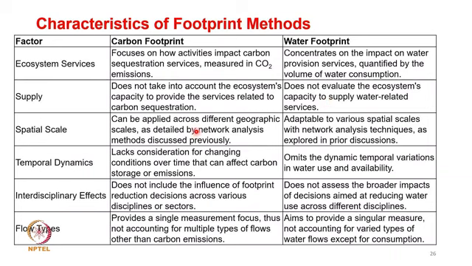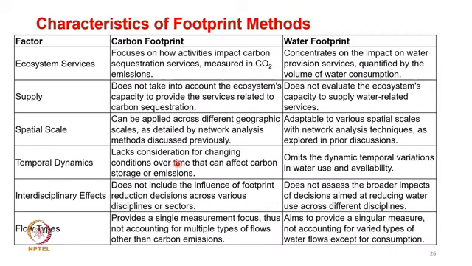Spatial scale: carbon footprint can be applied across different geographic scales as detailed by network analysis methods, which is of course discussed before. And in terms of water footprint, it is adaptable to various spatial scales with network analysis techniques, which is again discussed previously.